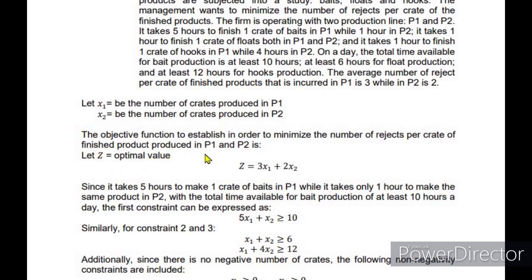So the objective function to establish in order to minimize the number of rejects per crate produced in P1 and P2 is z is equal to 3x sub 1, because the average reject per crate of finished product in P1 is 3, and x sub 1 is the number of crates produced in P1, plus 2x sub 2, okay, and x sub 2 is the number of crates produced in P2. So this is your objective function that you want to minimize.